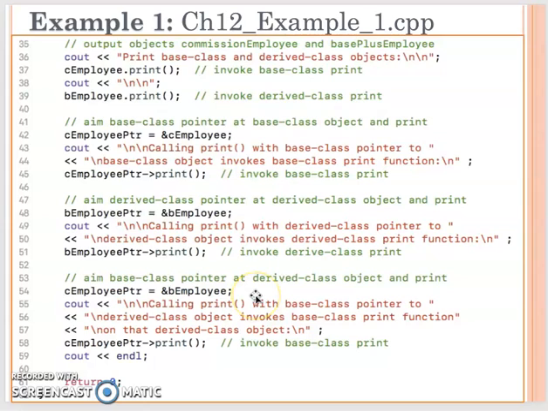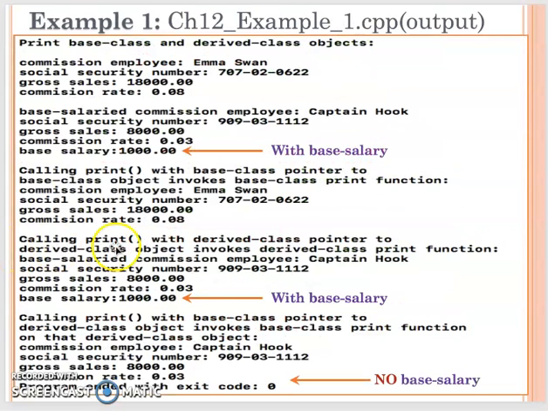This one doesn't have a compiling error. The reason is that for inheritance, the child class object is one kind of parent class object, so you can assign to that. But when they invoke print, what happened? That's why you can see the output. This output from the object invoke is fine because they print from the object itself.